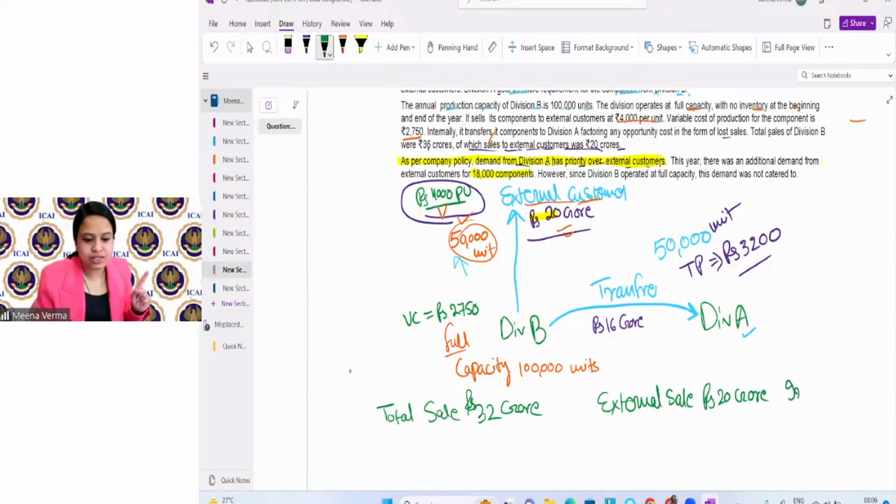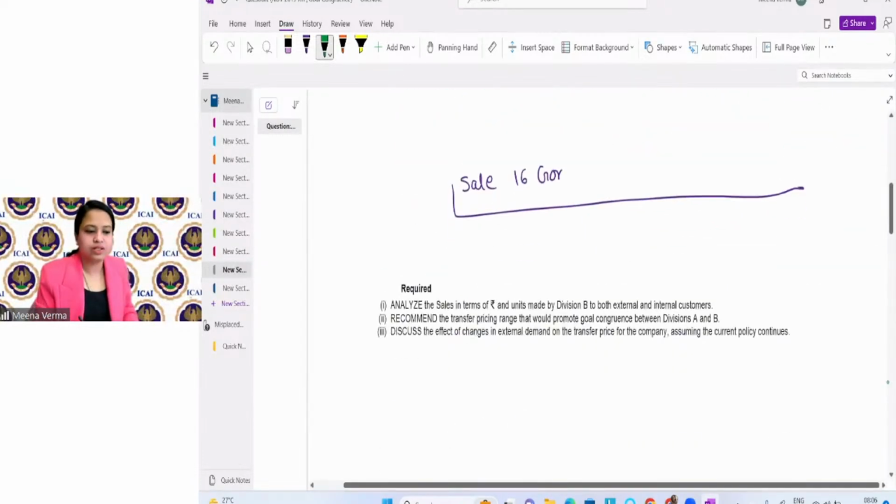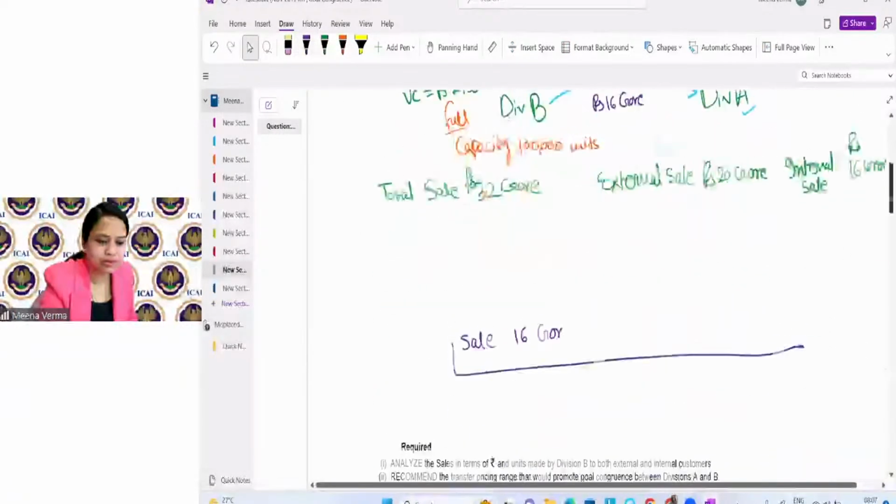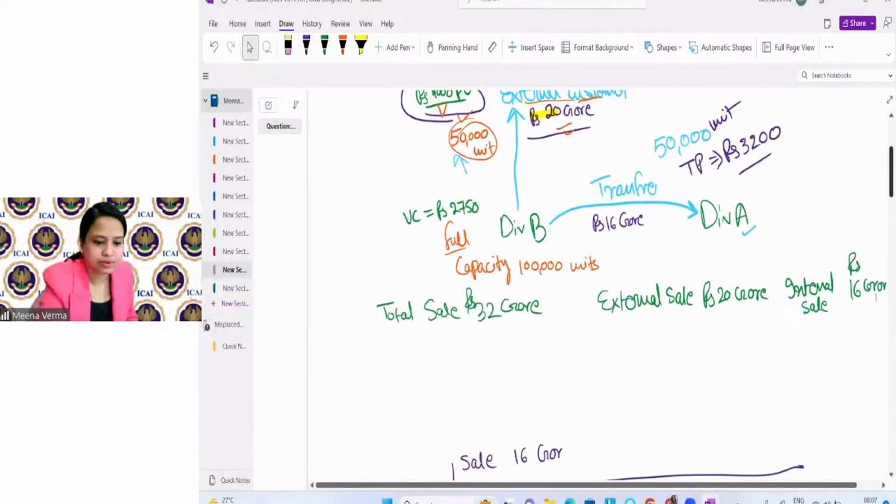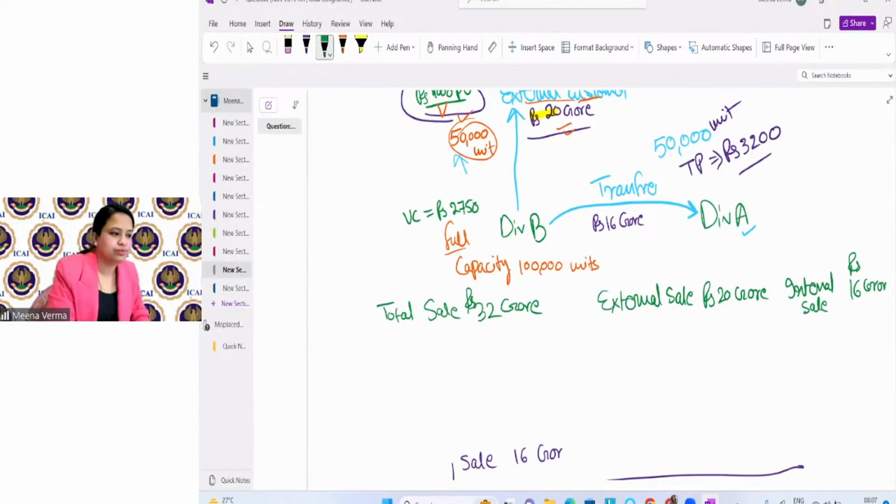And your internal sale is how much? 16 crore. This is the internal sale. This is given. Internal sale is 16 crore.